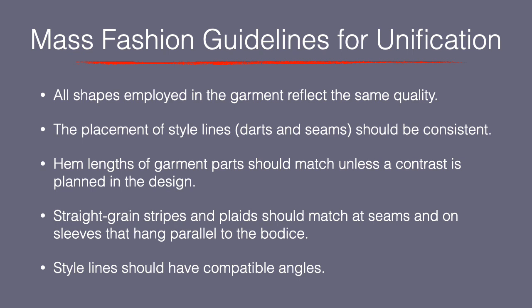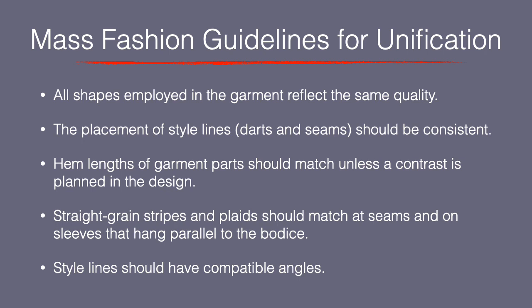Mass fashion guidelines for unification. All shapes employed in the garment reflect the same quality. The placement of darts and seams should be consistent. Hem lengths of garment parts should match unless a contrast is planned in the design.